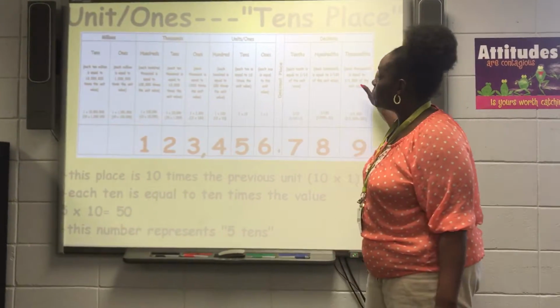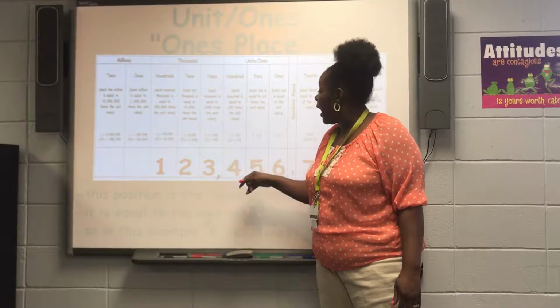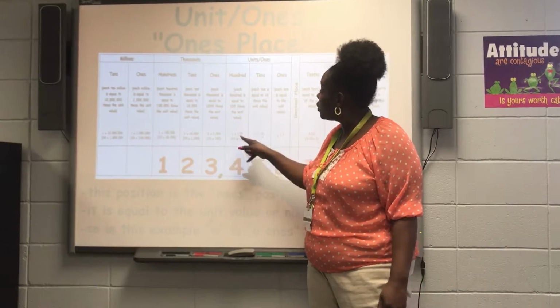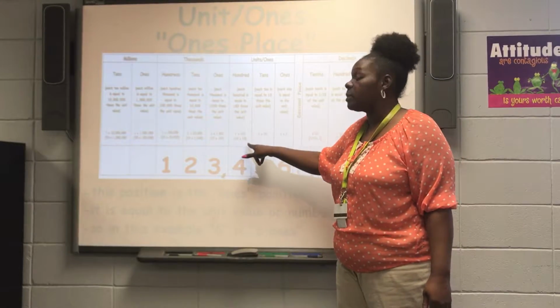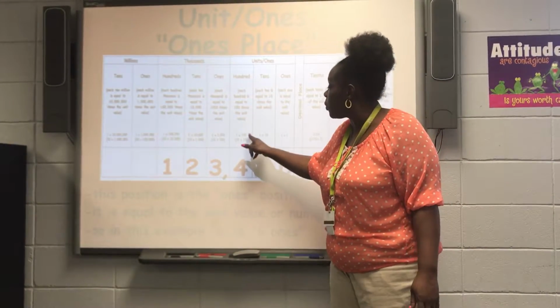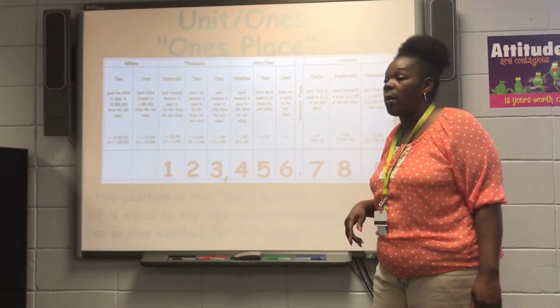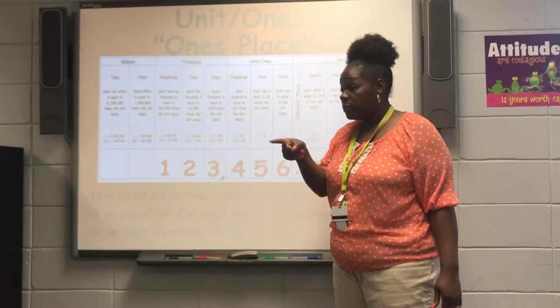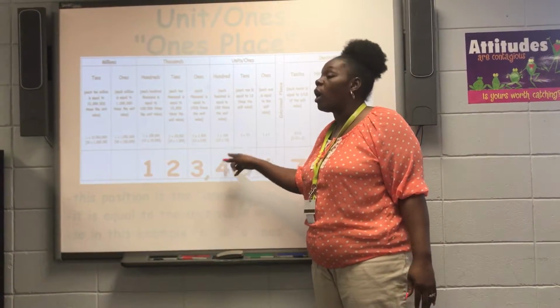And now 4 of the hundreds. Okay? So if we go to the hundreds, our hundreds is 10 times the previous unit, so that makes it 10 times 10, so our hundreds is worth 100. So 4 times 100 is what? 400. So that makes our hundreds worth 400.